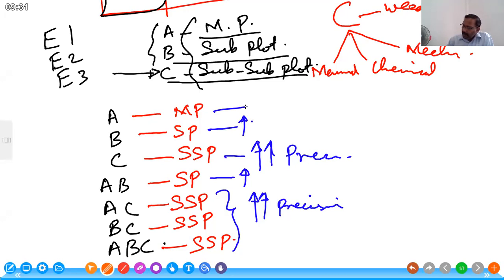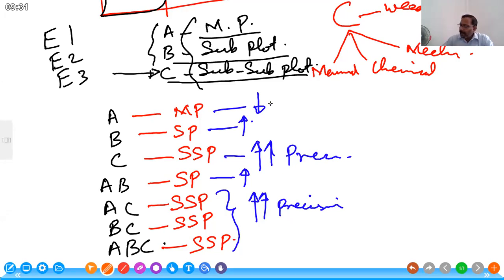This is the last one, the low precision. We can evaluate all these interactions, but you see the precision levels are different. So these 4 with high precision, 2 with relatively low precision, and 1 with the lowest precision.